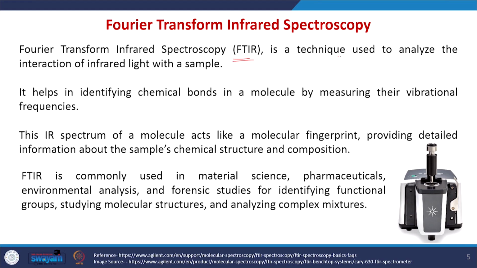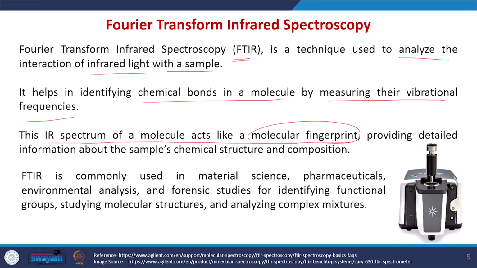Let us see what is Fourier Transform Infrared Spectroscopy. The FTIR is a technique used to analyze the interaction of infrared light with a sample. It helps in identifying chemical bonds in a molecule by measuring their vibrational frequencies. And this IR spectrum of a molecule acts like a molecular fingerprint.